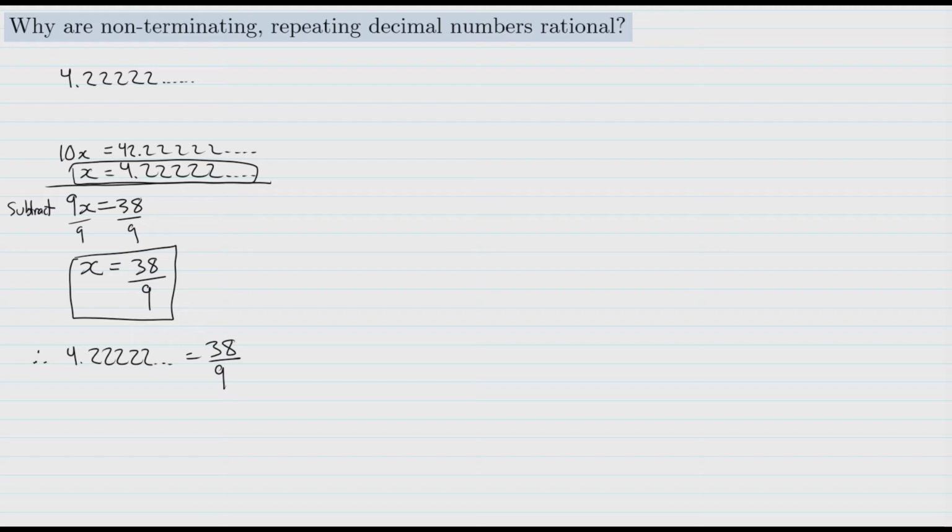Let's try a couple more examples that are slightly different. How about 5.212121 and so on? Again, I'll call that number x, so x equals 5.212121 repeated. But this time, I'm not going to multiply by 10. Looking back at the first example, the reason I multiplied by 10 was because the decimal repeated every digit.